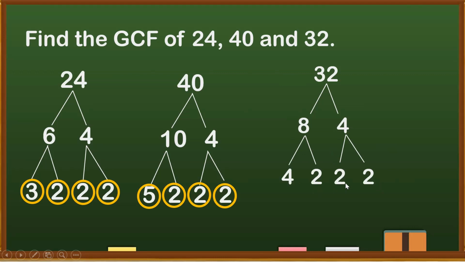So si 2 ay prime number na, encircle natin lahat ng 2. And then dahil si 4 ay composite number pa, pwede pa natin siya i-factor. Let us factor it out. So we have 2 times 2 here. So napakarami ng prime factors ng 32 na puro 2. 1, 2, 3, 4, 5. And then i-arrange lang natin siya.